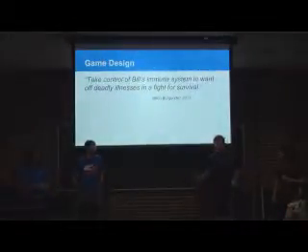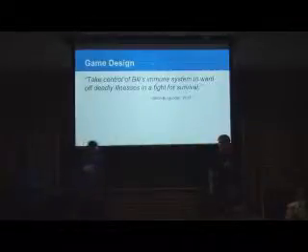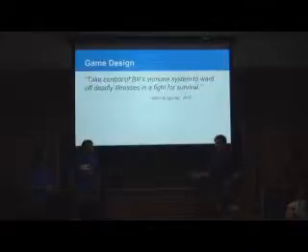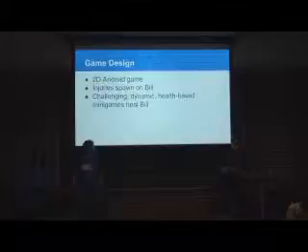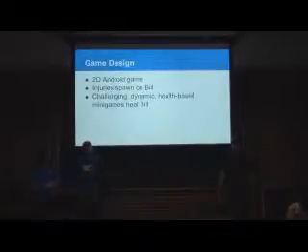Right, so our little one-sentence pitch is you can take control of Bill's immune system to ward off deadly viruses in a fight for survival. And so to do that, we've made an Android 2D game, and we have deadly viruses that spawn all over Bill's body.